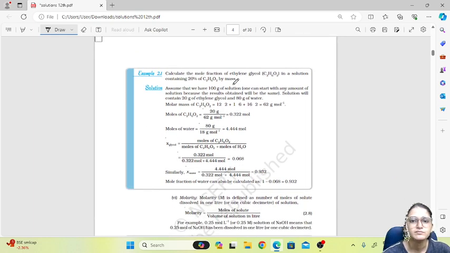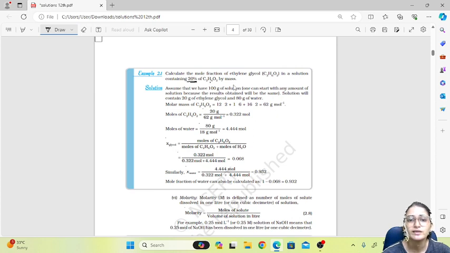Now this problem is given in which they have solved the number of moles along with mole fraction. So what is the problem here? Calculate the mole fraction of ethylene glycol in the solution containing 20% of C2H6O2 by mass. They have not given the mass directly, they have given 20% of ethylene glycol. This formula is of ethylene glycol.